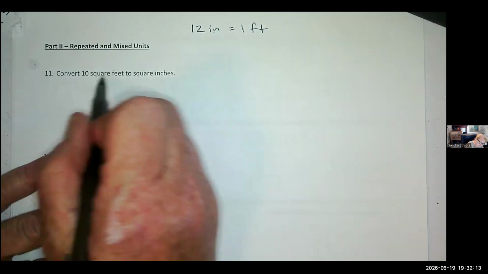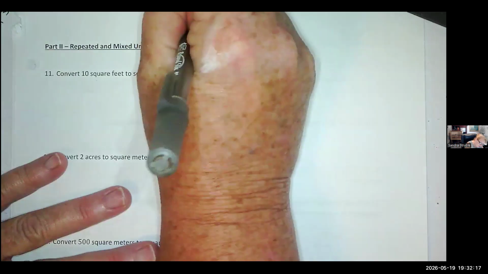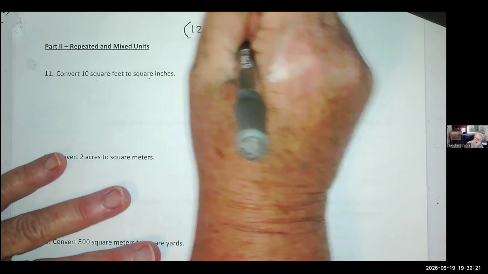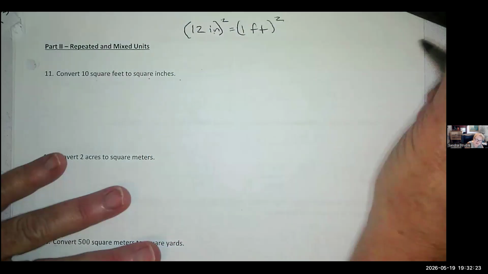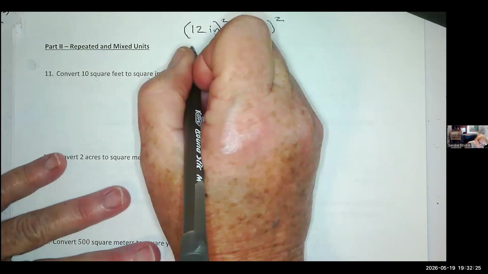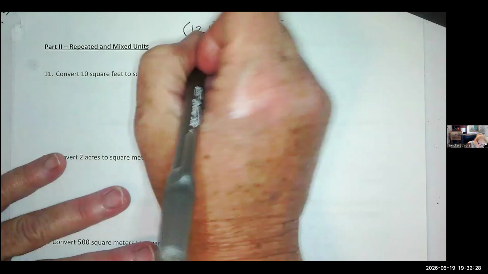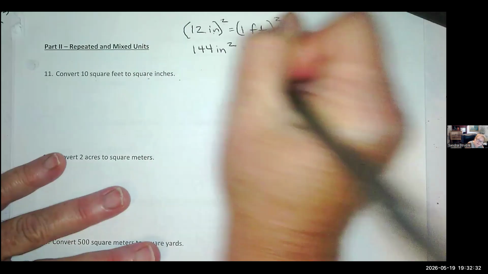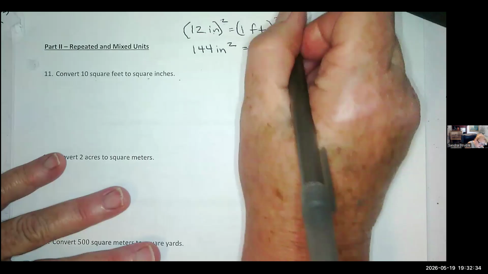So what I can do here is whip out the old exponents and square both sides of that equal sign. 12 squared is, plug that in your calculator, 12 times 12 is 144 inches squared. And 1 squared is 1 times 1, which is 1 foot squared.